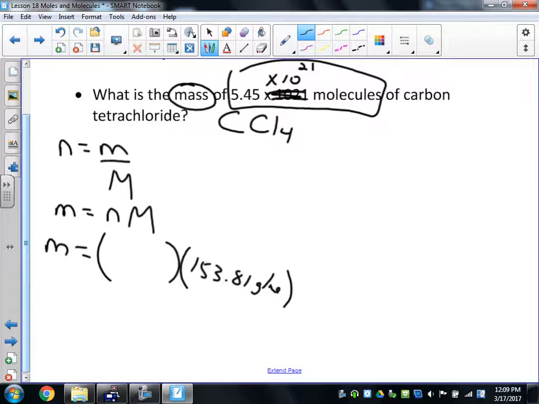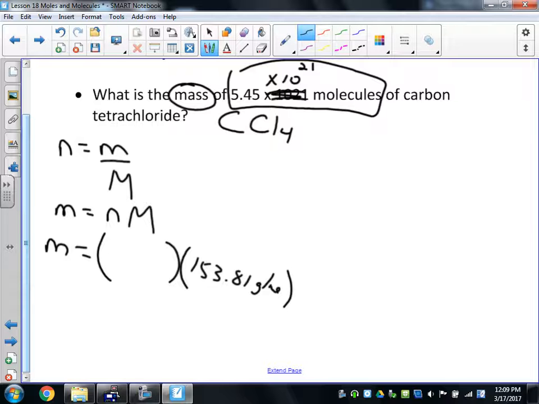Pretty darn big, isn't it? 545 with 18 zeros behind, or 20 zeros, times 153. My goodness, that's huge, right? That's how many grams you'd have? Wow, that's heavy. No. So that's probably not what we need to do.